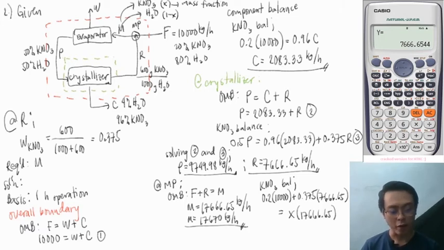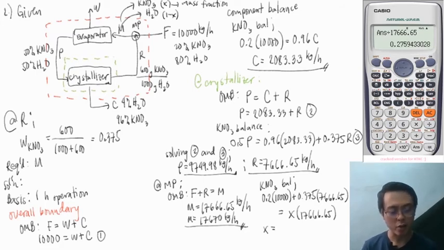We can solve for the value of X. So that's 10,000 times 0.2 plus 0.375 times 7666.65 divided by 17666.65.